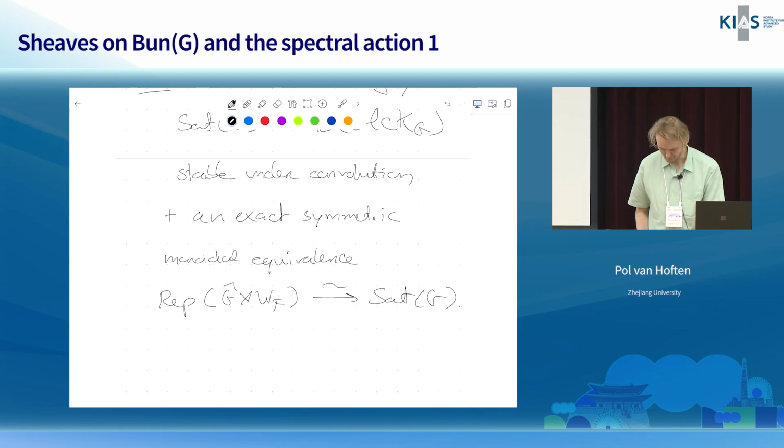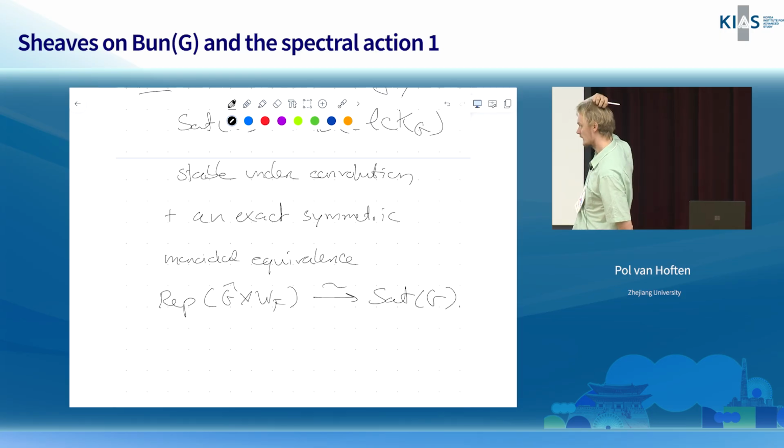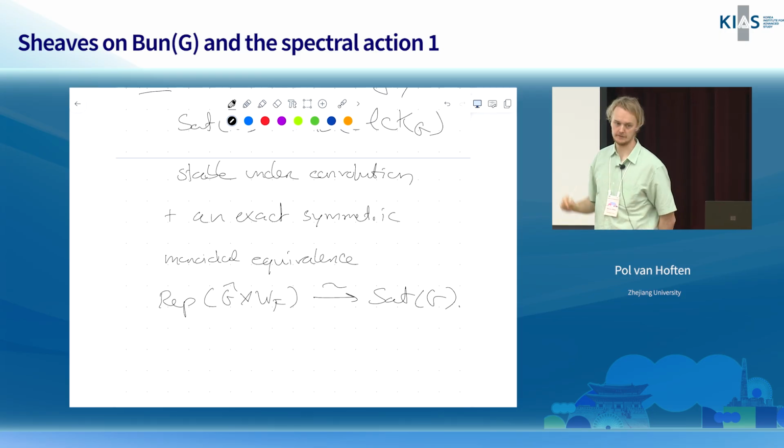And I have to tell you what kind of representations. So this is a kind of funny group, right? G hat is an algebraic group, and W_F is a topological group.